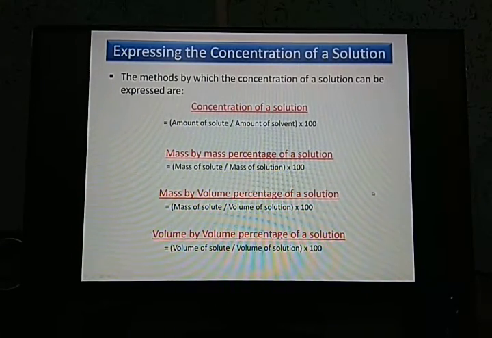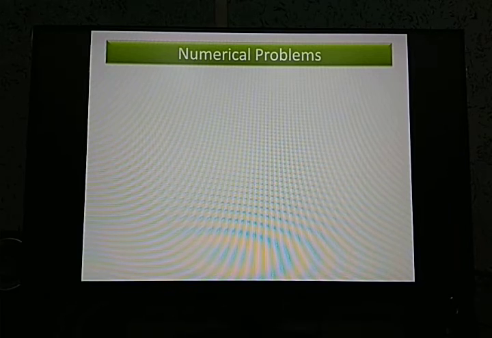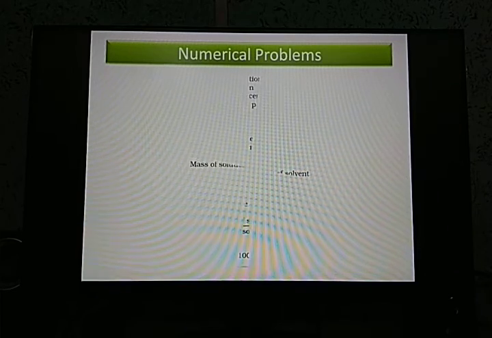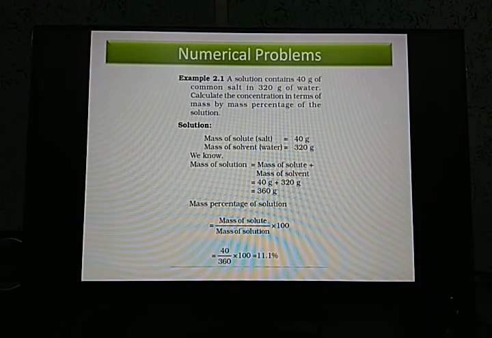So let us see one example, one numerical problem. Generally numerical problems are asked from this section of the topic. So let us see one. Here the question says a solution contains 40 gram of common salt in 320 gram of water.